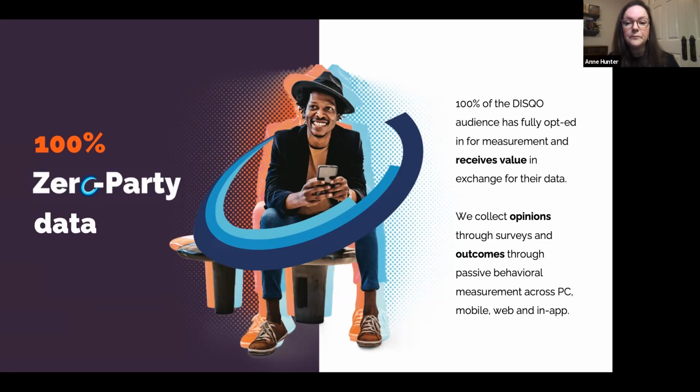they're getting value. In addition, zero-party data allows you some new data sets, new types of data that are going to deliver some exciting results. So you can get opinion data, and we collect opinion data. We run a gazillion surveys, and we can get all sorts of opinions from brand tracking, share of voice, brand preference, campaign lift, et cetera, as well as passive behavioral measurement.